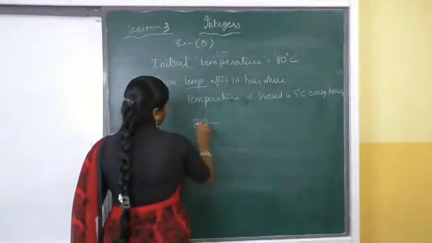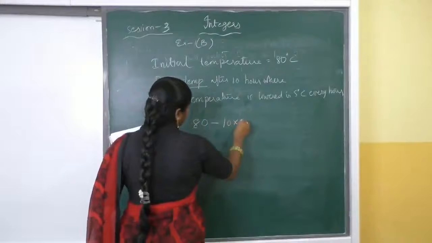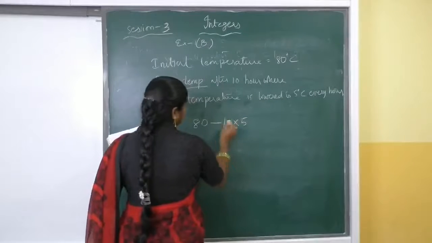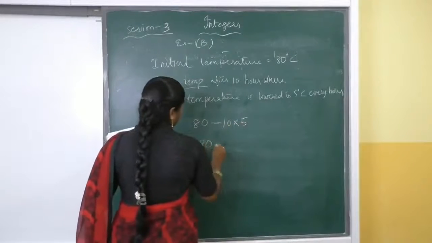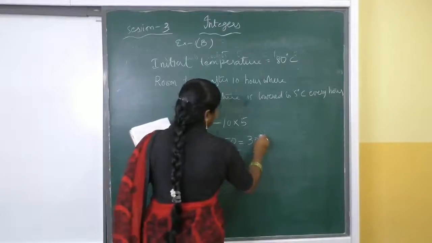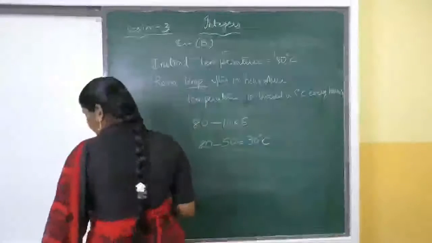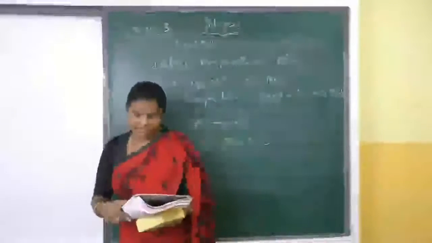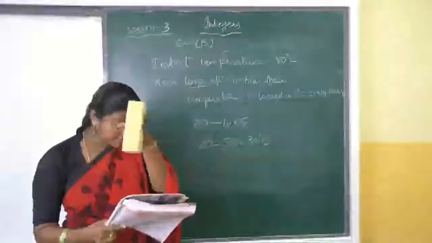So 80 degrees minus 10 into 5. Every hour it is 80 minus 50, which is equal to 30 degrees Celsius.